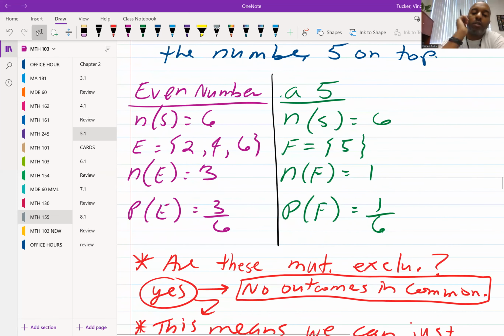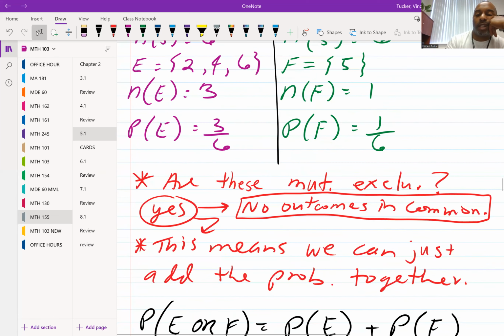All right. So are these mutually exclusive? The answer is yes. They don't have anything in common because you have even numbers and then the number 5, which is not an even number. So this means we can just add the probabilities together.